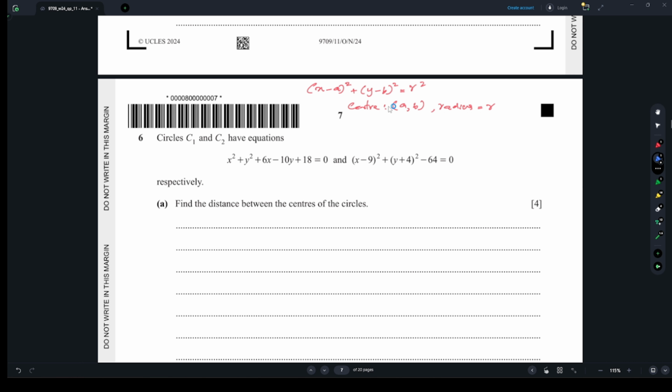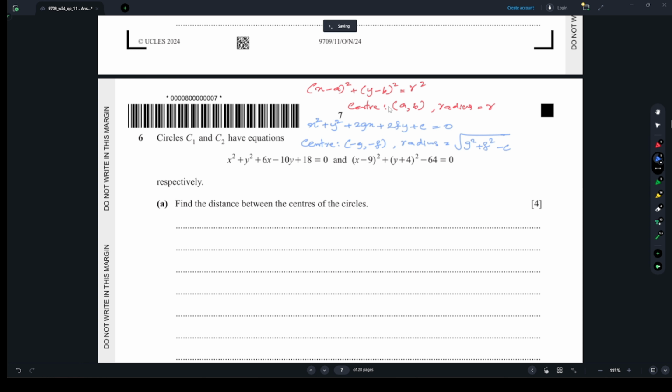And if your equation is in this format, x squared plus y squared plus 2gx plus 2fy plus c equals 0, then the center is (minus g, minus f), and the radius is the square root of g squared plus f squared minus c.